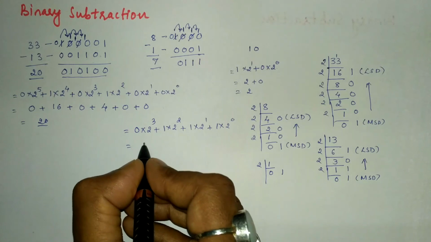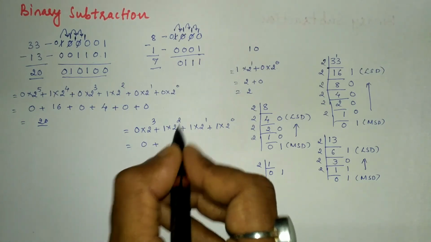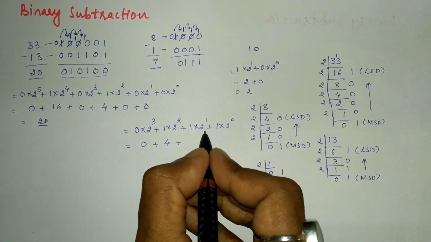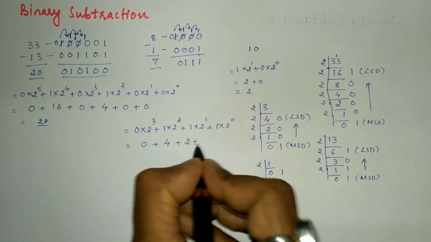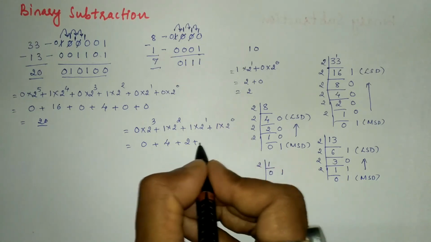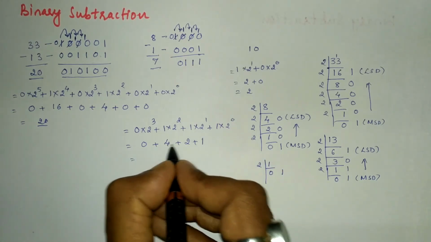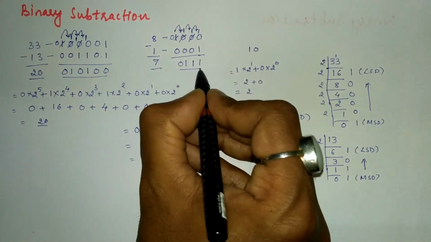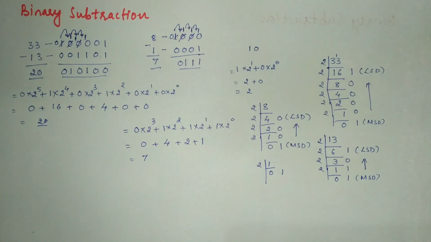So 0 into anything will become 0 plus 2 to the power 2 is 4, 4 ones are 4 plus 2 to the power 1 is 2, 2 ones are 2 plus 2 to the power 0. Anything raised to 0 is 1, 1 into 1 is 1. Here you can see 4 plus 2 is 6, 6 plus 1 is 7. So whatever we got in binary notation, that is absolutely correct.